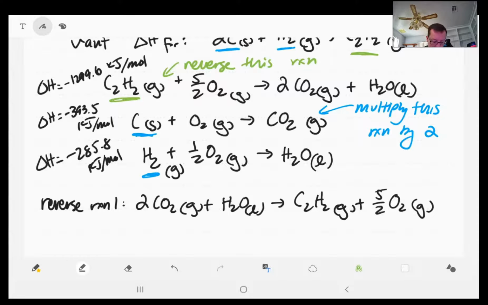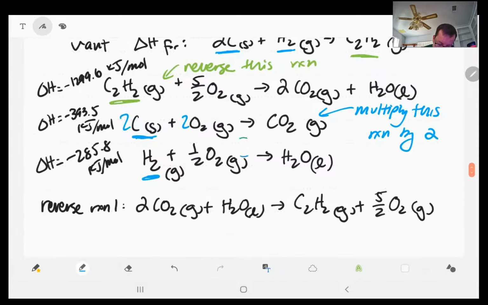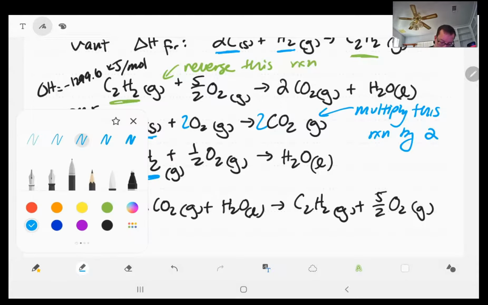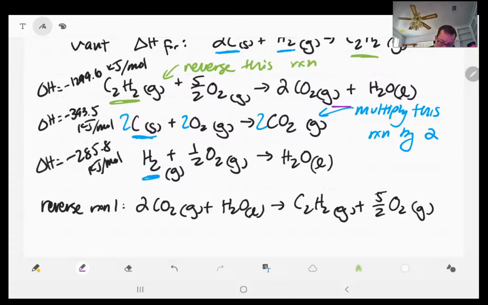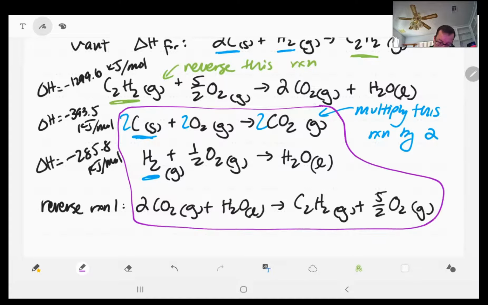And I'm going to still multiply this other one by 2. So let's try putting these together now. I'm going to add up everything that's in the purple box here. These are the reactions that we think should work based on where we found our reactants and products and any coefficients that we needed. We're going to try adding these together and seeing if it all cancels out.